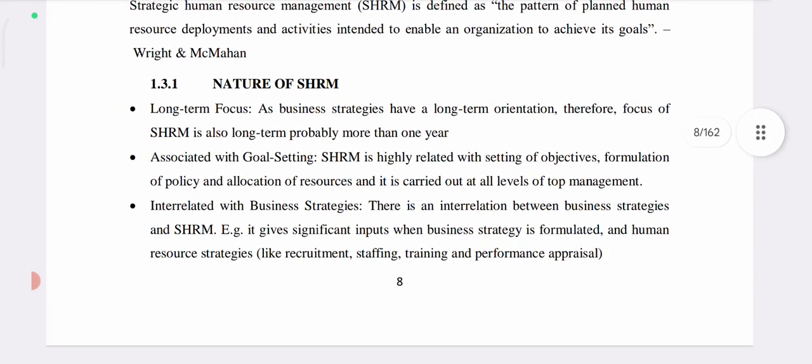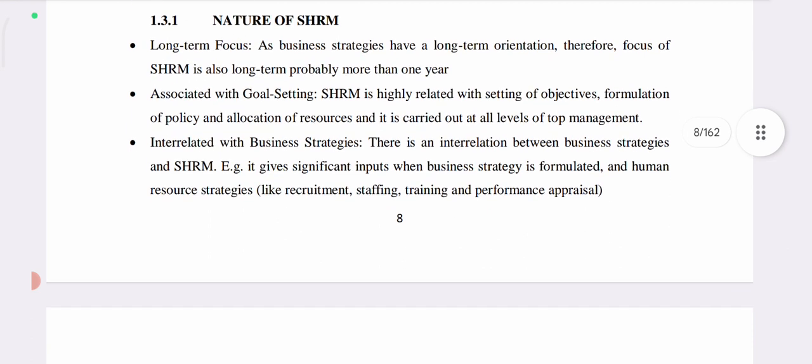Now we will talk about the nature of SHRM. The focus of SHRM is long term, probably more than 1 year. Why is it long term? Because it begins with the setting of goals, setting the objective, formulating the policy, allocating the resources, and is carried out at all levels of top management. It is interrelated with business strategy. Why?